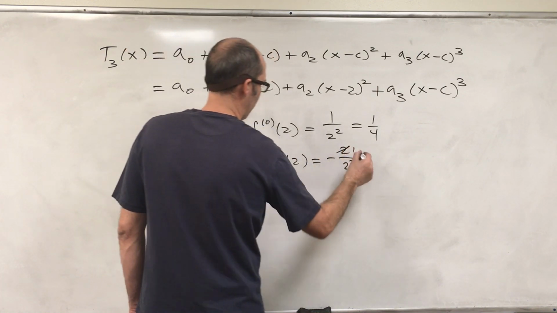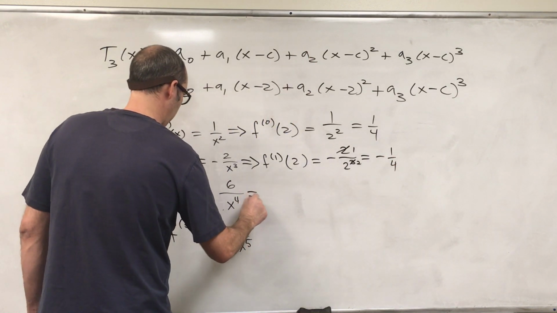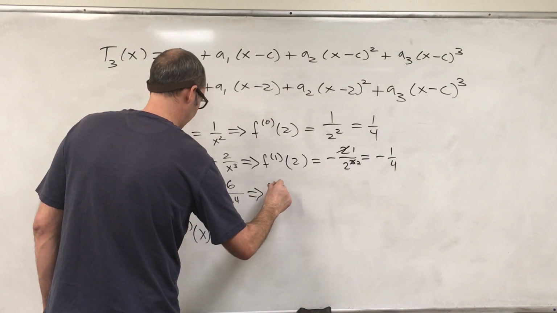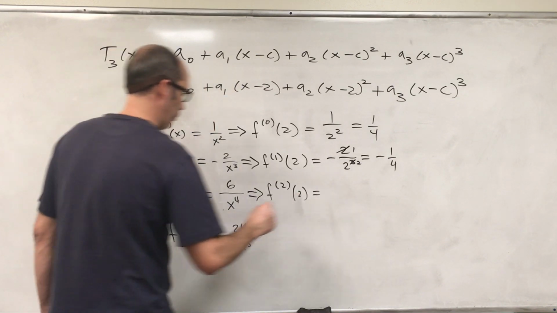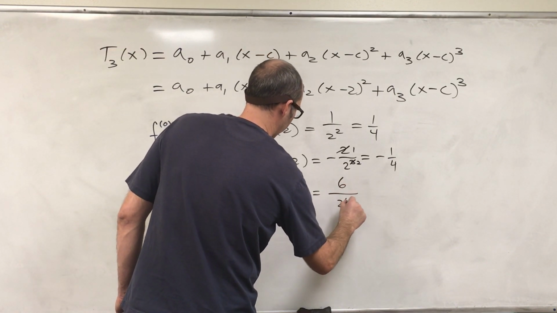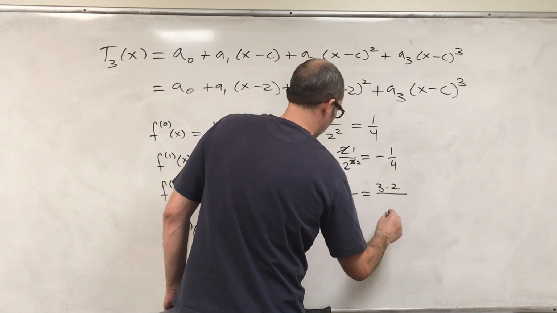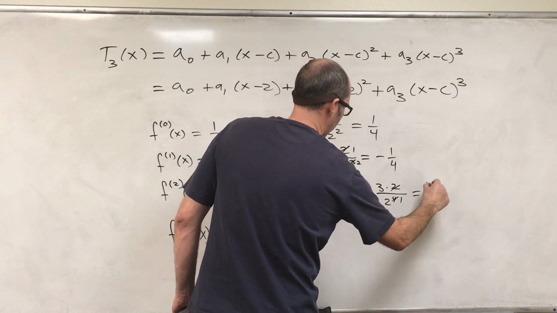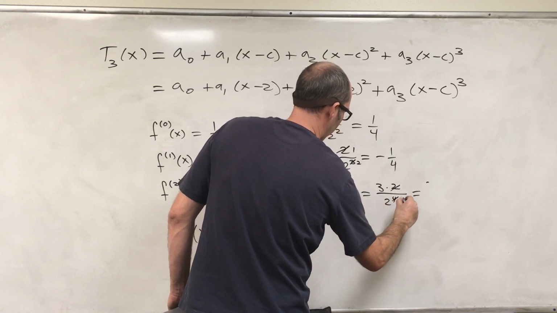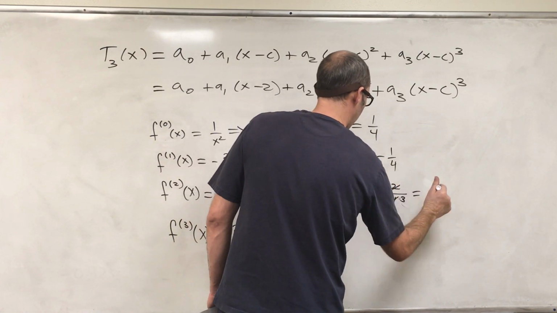This would be negative 1/4. 6 over 2 to the 4th. 6 is 3 times 2, cancel one of those, left with 3 over 2 cubed, so 3 over 8.